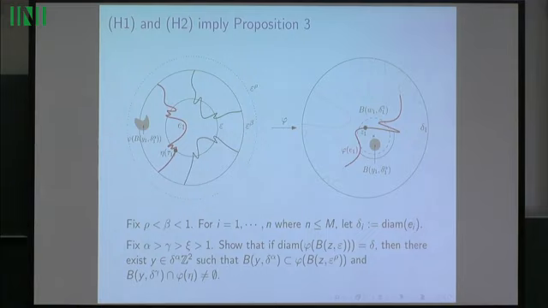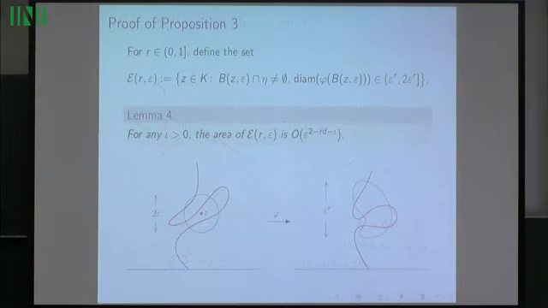Yeah, so the result is that you can always find such a ball which is containing the image of this epsilon rho ball. Okay, and now using this result, we are now ready to prove proposition 3.